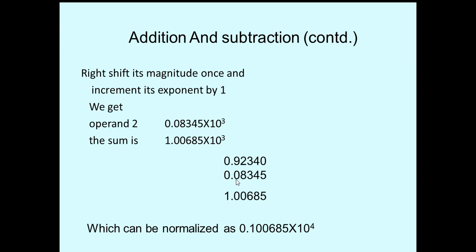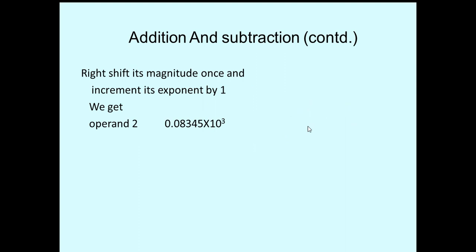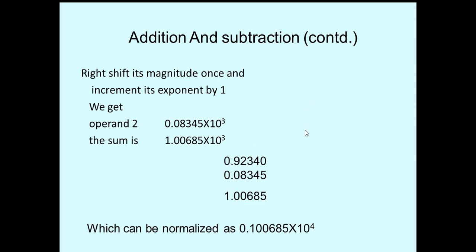So the first operand is 0.9234 and the second operand, after the right shift operation, is 0.08345. So 0.92340 is the first one, 0.08345 is the second one.